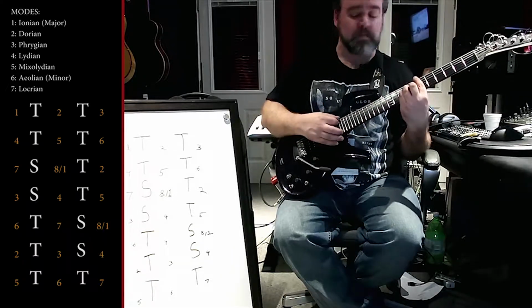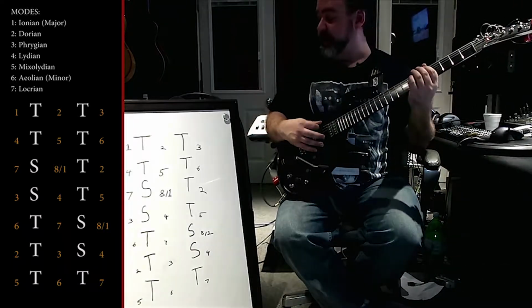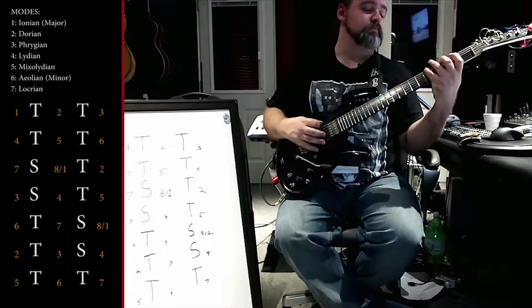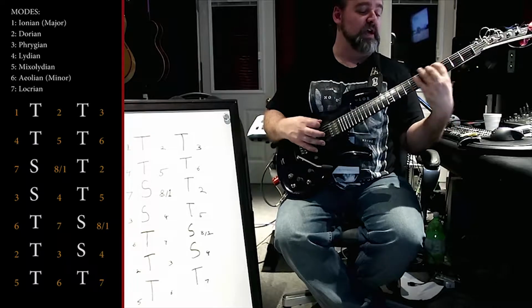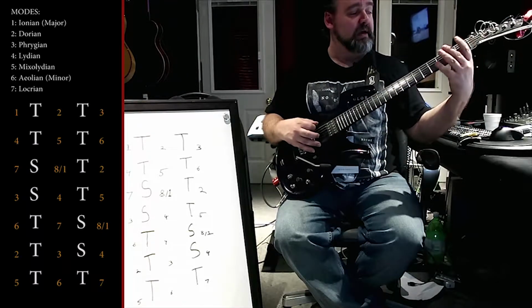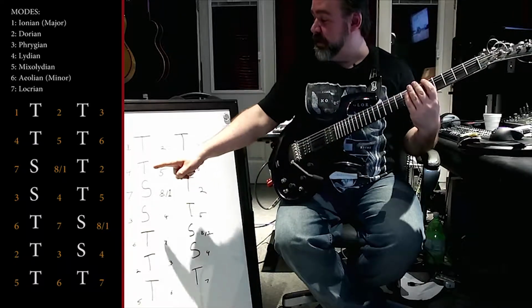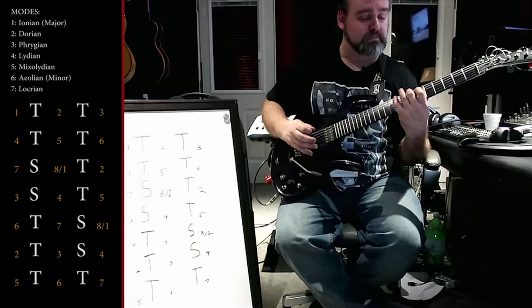So, next thing you could do, let's try an A Lydian. Lydian's here. A Lydian is in the key of E: 2, 3, 4. Okay, E. A Lydian's in the key of E. We're going to start from our second tone shape.